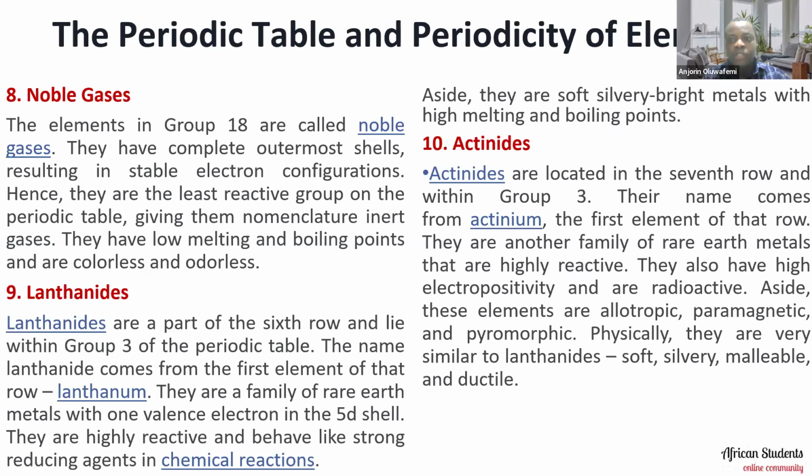So we described them, and then I told you that you should do more work if you want more knowledge, reading up on lanthanide and actinide, although this is not really within your purview, so to speak. JAM may not really extend questions to those areas, but for information's sake, you should read up and try to get more understanding about it if you want to.